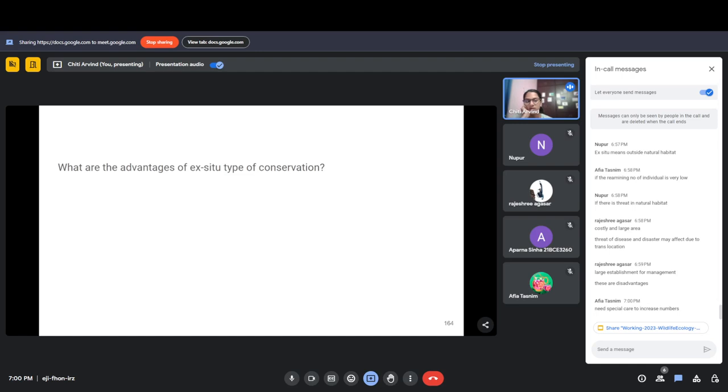Because they have to have certain climatic conditions and certain habitat, nutritional requirements, etc., that need to be so controlled such that they are able to reproduce and propagate in captivity. And this also provides full-time observations.